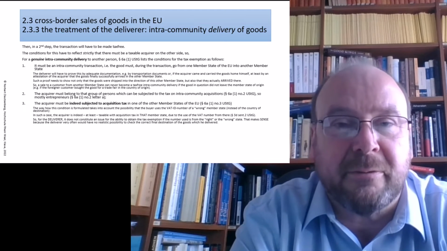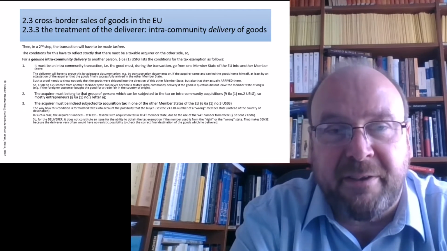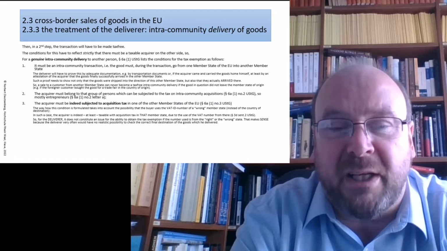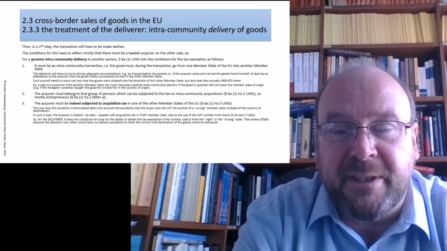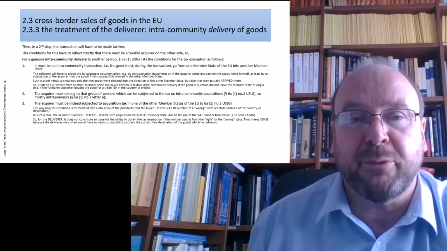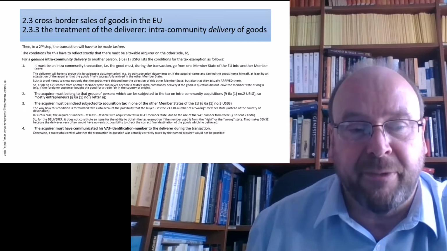So you can already by having the Spanish number, prove that at least in one other member state the acquirer is subject to acquisition tax. So that would be sufficient to prove your tax exemption here.